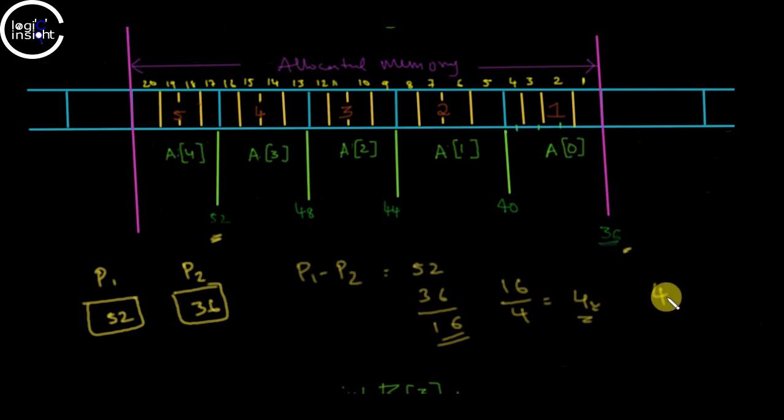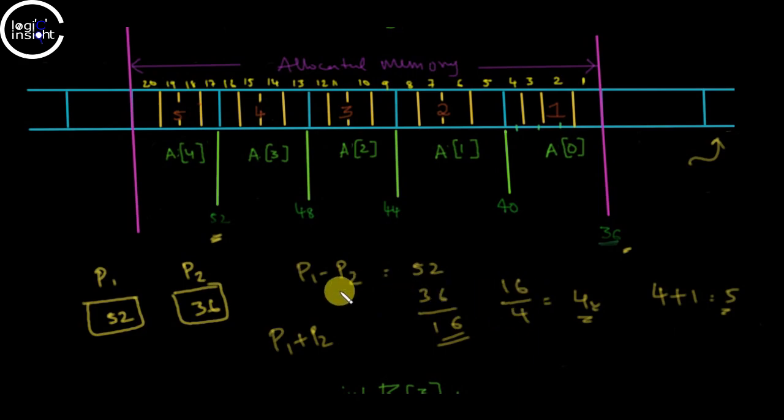If I want to know how many elements are there, just add 1 to it, you'll get 5 elements, okay? We have allocated memory in this region only. We can talk only in this region. If I add 2 pointers, it points to some unknown location, which makes no sense, right?